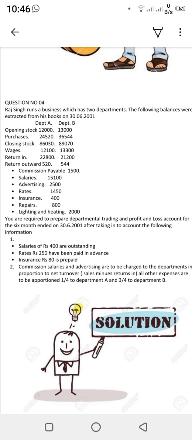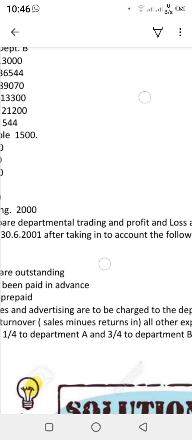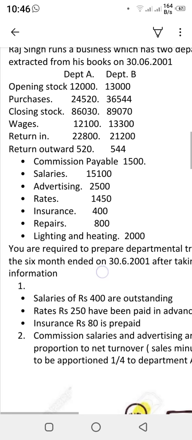These are the balances which we have extracted from his books of accounts on 30th/6/2001. So what are the specific balances? In department A, the opening stock is 12,000, and in department B, opening stock is 13,000, which will appear on the debit side of the trading account.